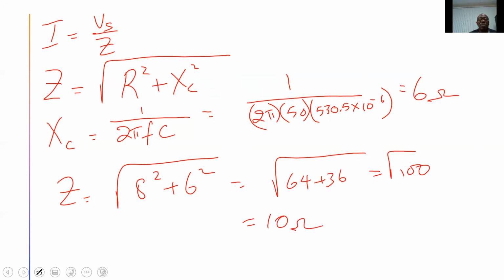So the magnitude of the current, I, is therefore equal to V over Z, which in this case is 30 over 10, which gives us 3 amperes. However, we also need to find what's the phase angle between the current and the voltage.